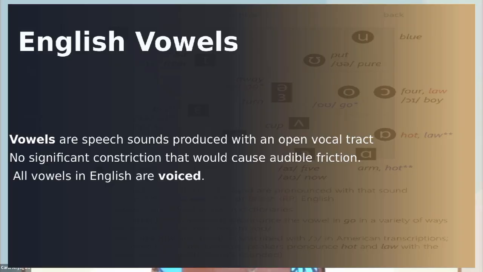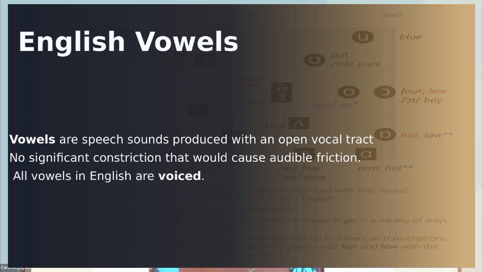And vowels here are described as speech sounds that are produced with an open vocal tract. What that means is that there is no obstruction to the airflow through the mouth. There is no significant constriction that could cause audible friction. So when you say a, e, o, you're simply changing the size of your oral cavity.